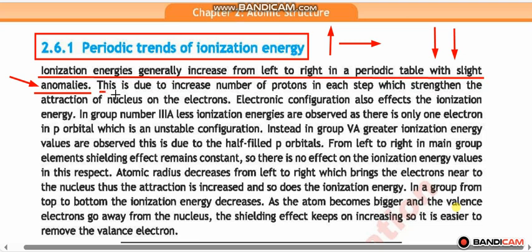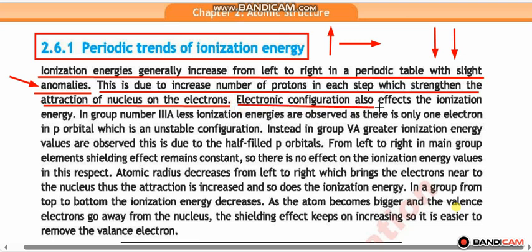The reason is the increased number of protons in each step, which strengthens the attraction of the nucleus on the electrons. When we move from left to right, the number of protons in the nuclei increases, which have greater pull upon the electrons, so the removal of these electrons becomes difficult. That is why the ionization energy generally increases.